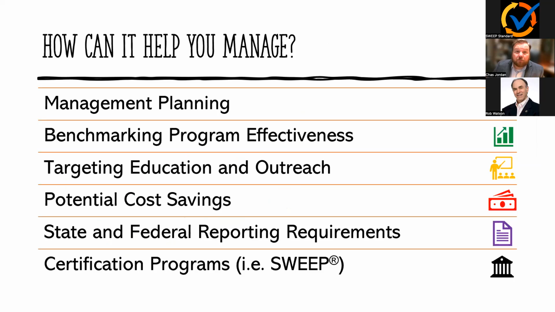First, in terms of management planning, knowing the composition of your materials stream and how or when the stream is processed is vital to laying out the long-term plan for your solid waste agency. Using composition studies just in the past few years, we have assisted clients in determining whether they should invest in more ways to divert waste, say composting or organics processing facilities, yard waste processing facilities, C&D.